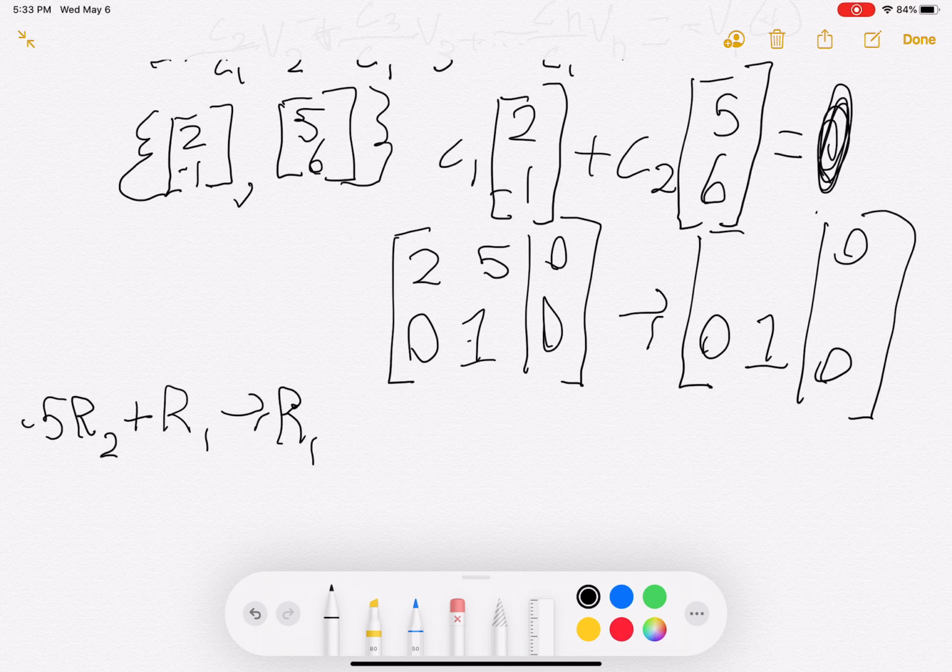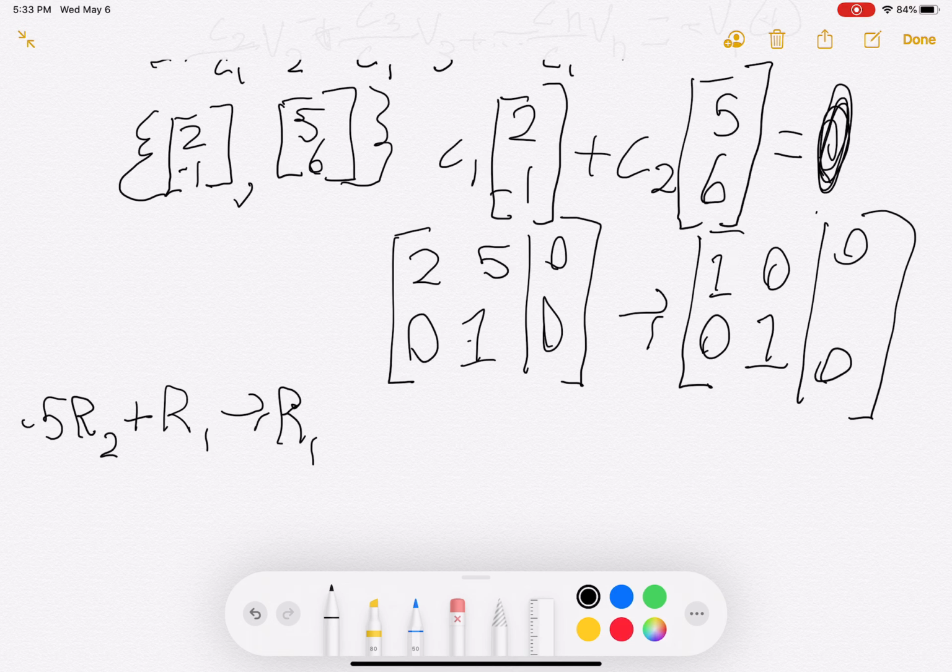Negative 5 times 0 is just 0, so we remain with 2 here. Then negative 5 times this is negative 5, plus 5 is 0. We divide both sides by 2, and we get a 1 here, and that's equal to 0.